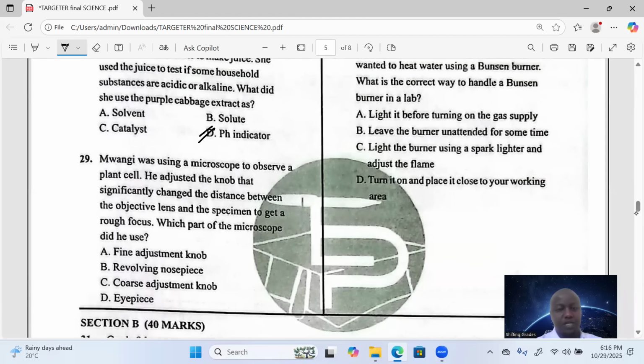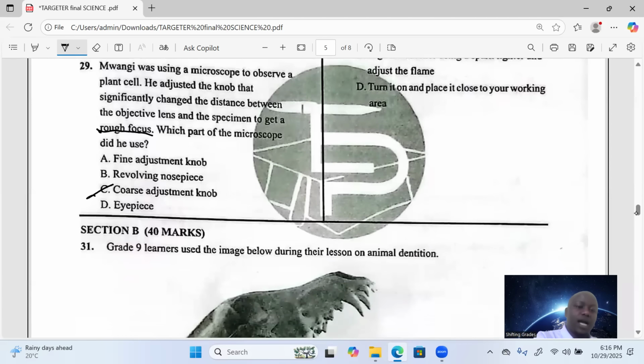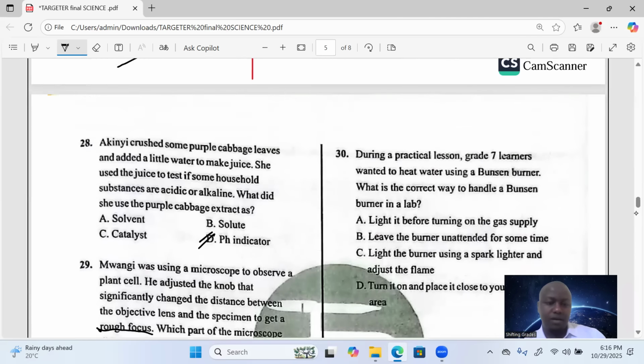Which part of the microscope did he use to get a rough focus? So he was not using the fine adjustment knob. He was using what we call the coarse adjustment knob. The fine one is for the eyepiece and the specimen.